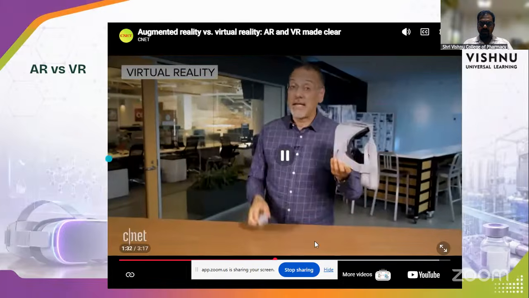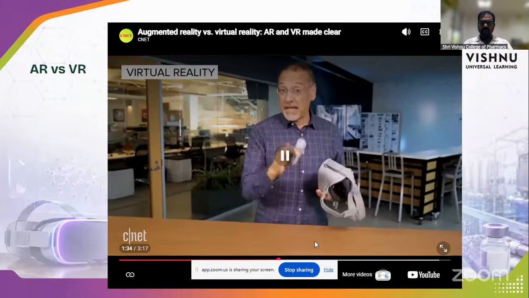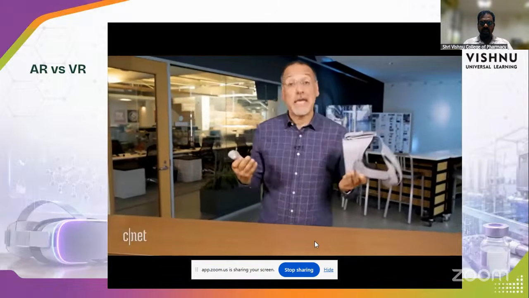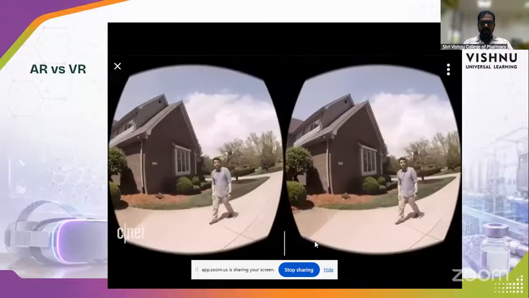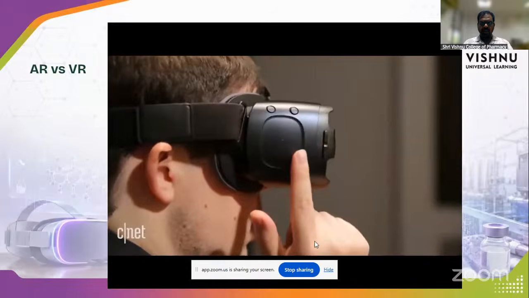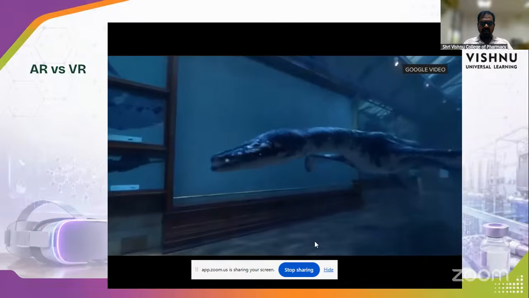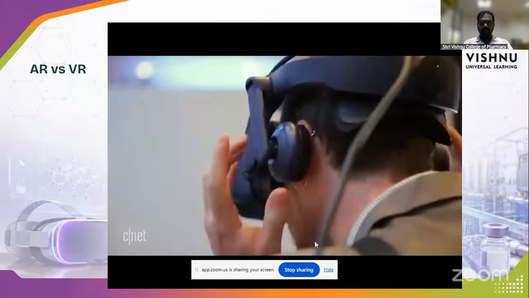Coming to virtual reality, obviously we create the places in virtual reality. You can be at your home and create a pharma manufacturing unit right at your place with this virtual reality.